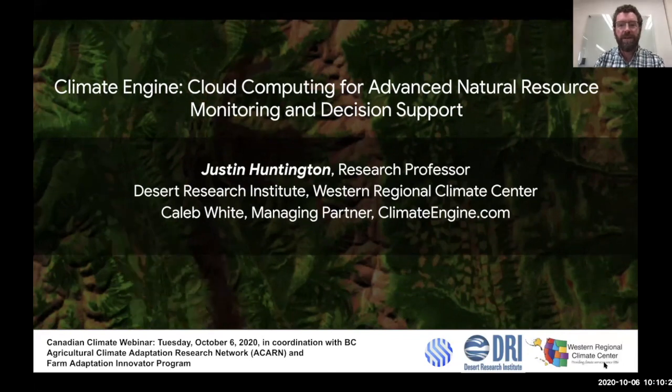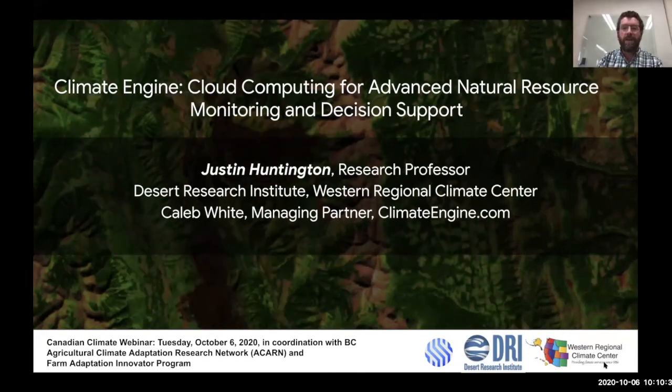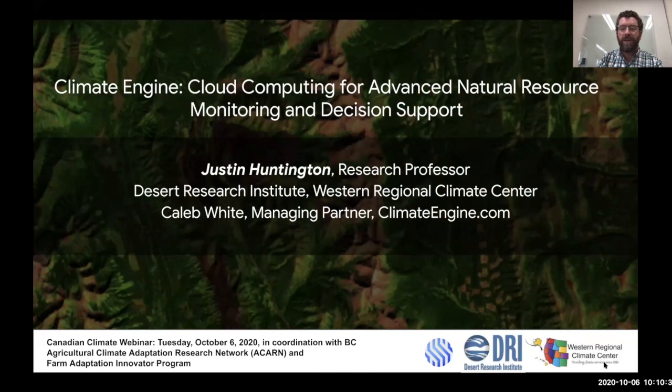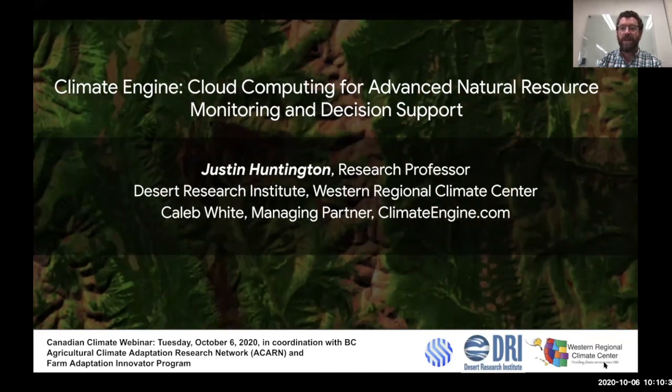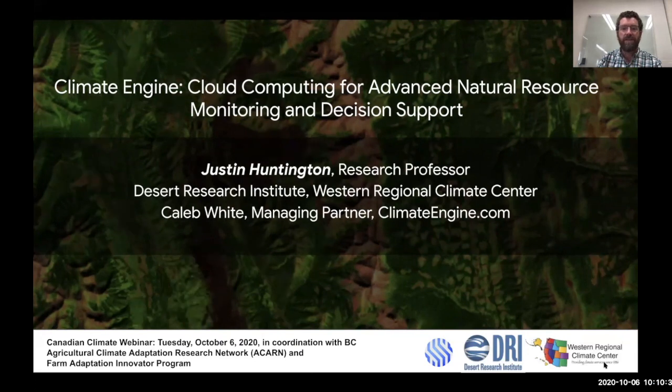Well, thanks again. We're going to go through some new and exciting work that we've been doing with respect to cloud computing for advanced natural resource management, monitoring, and decision support.